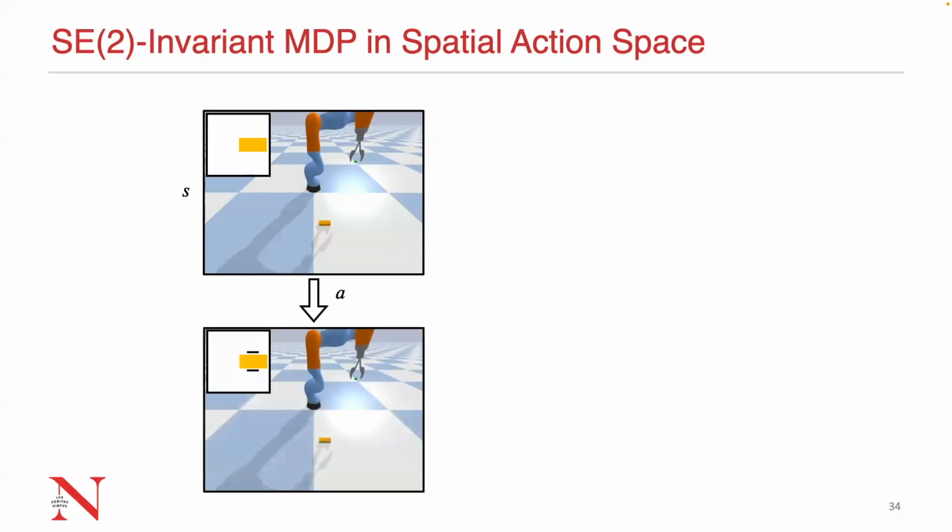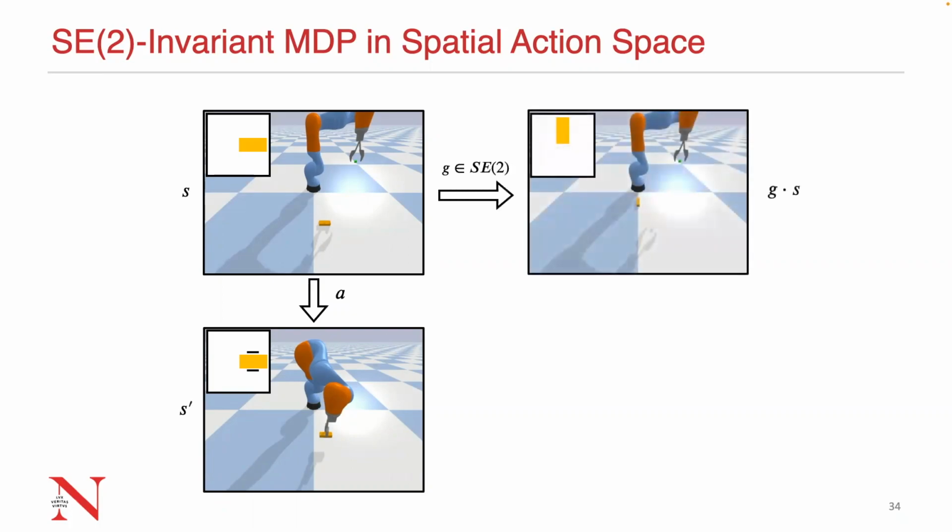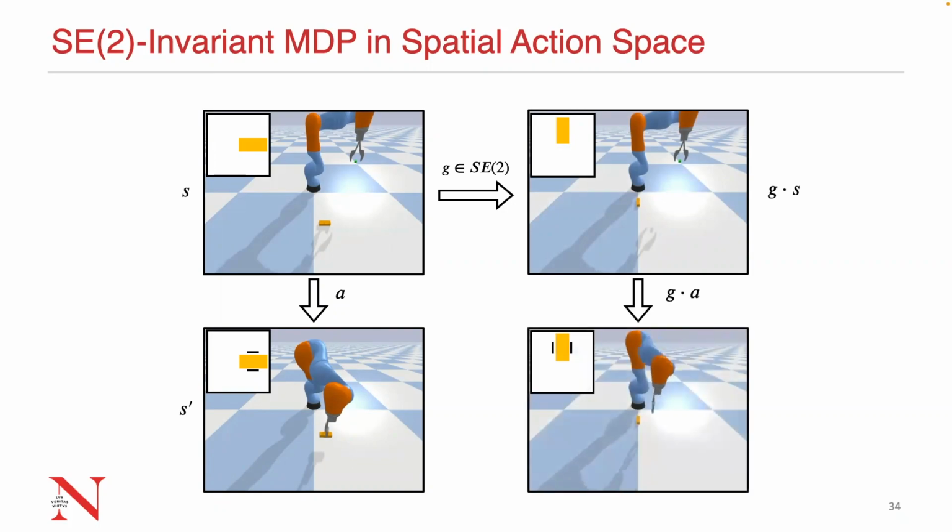So we are in state S, we are taking action A. The top left of the image, for example, you can think of as the observation, a top-down image of the entire scene. And then you rotate the state, where you apply an SC2 transformation to the state, and then you apply the same SC2 transformation to the action. You end up with the same next state but rotated or transformed.